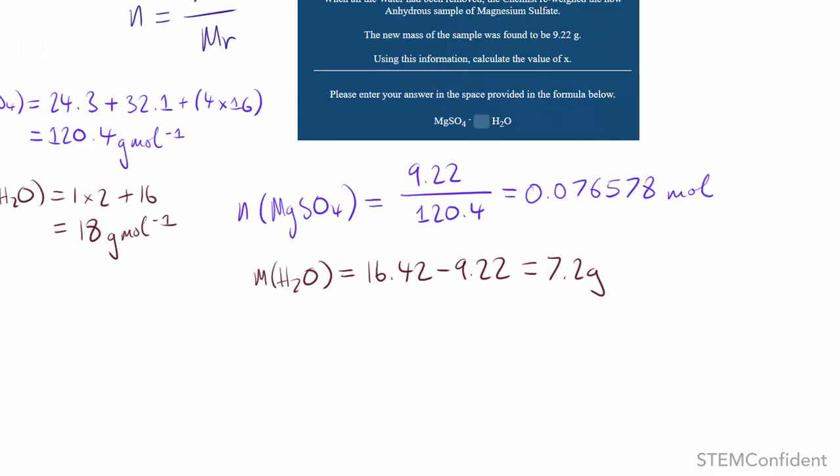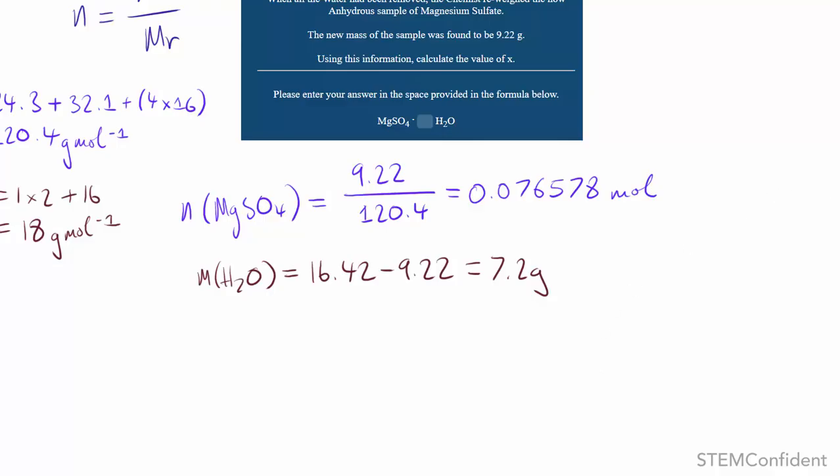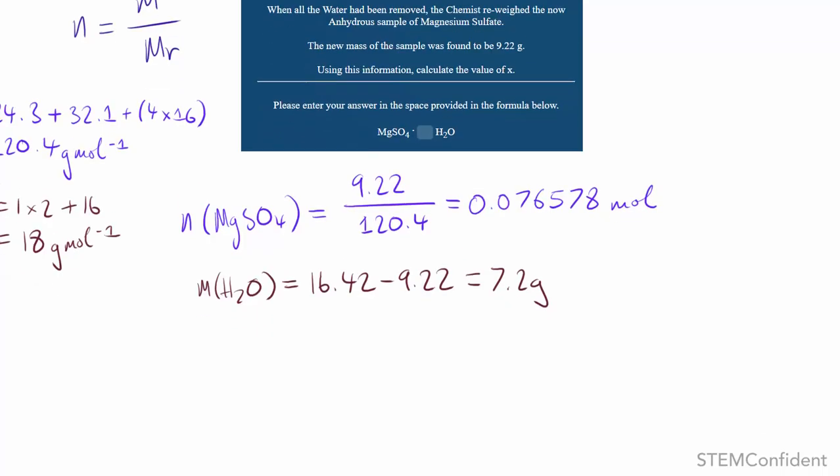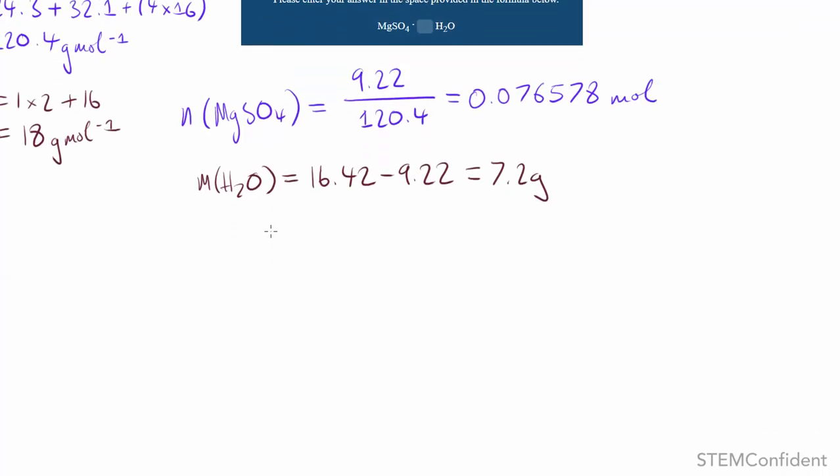So what we need to do at this stage is simply use the equation, number of moles equals mass divided by molar mass, so that's effectively 7.2 divided by 18, right? And that gives us 0.4, okay?